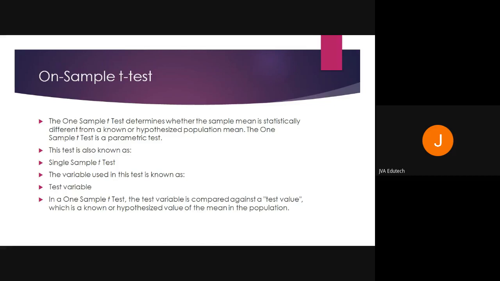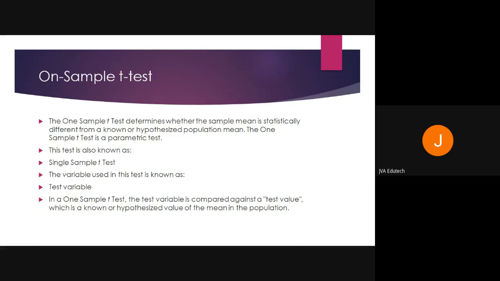In this one sample t-test, the test variable is compared against the test value. Normally, this test value is the hypothesized population mean, and you check whether the test variable is equal to that, less than that, or more than that, and that's why it's known as a two-tailed test.